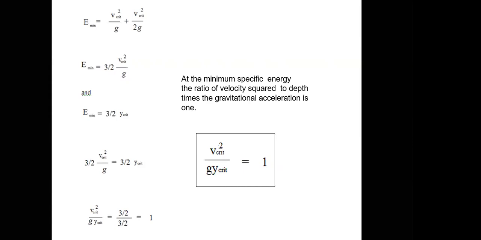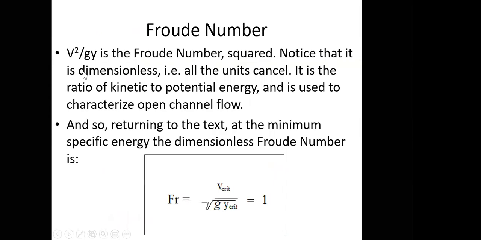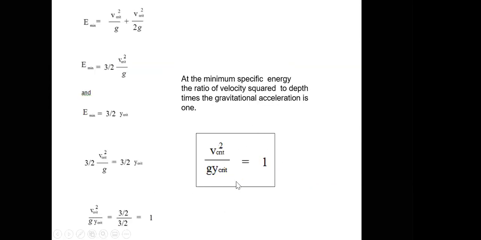Okay, we can continue, because this is relevant to the Froude number. This equation is actually the square of the Froude number, because the Froude number is equal to v divided by the square root of g times y.